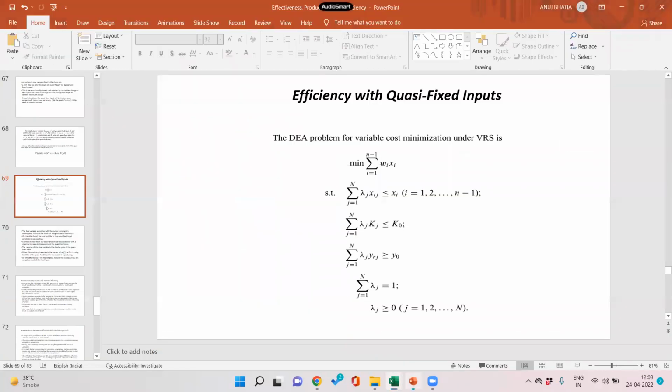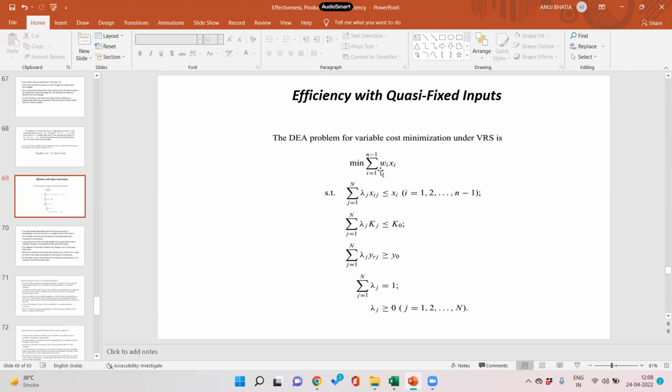Let us see the LP, linear programming, the DEA problem for variable cost minimization. Here we minimize only the variable cost, that is, minimize the sum over n running from 1 to N minus 1, because at least one input is fixed.